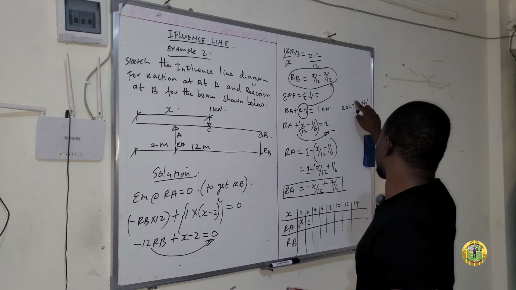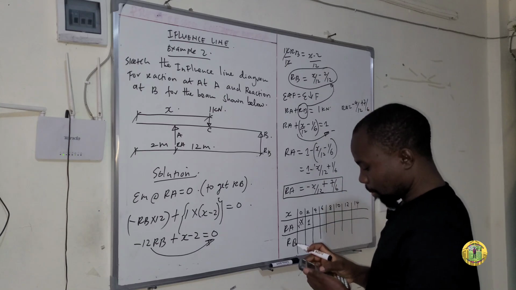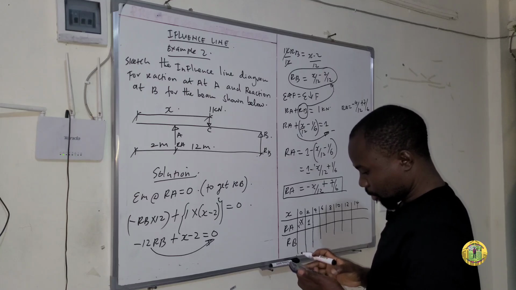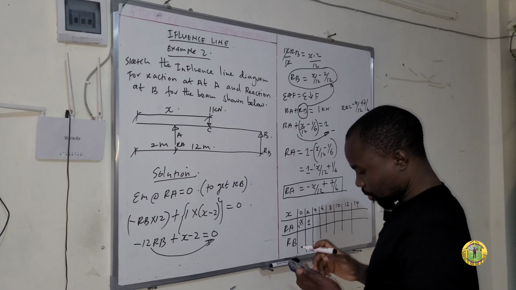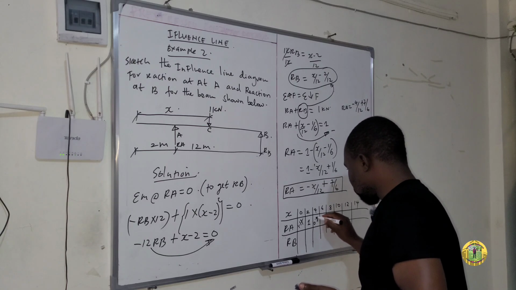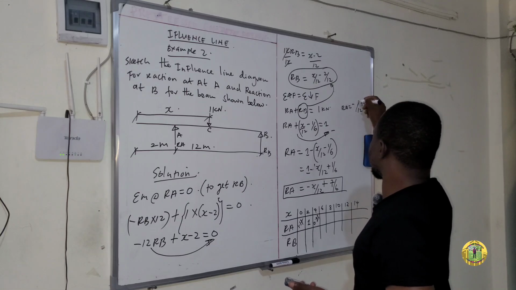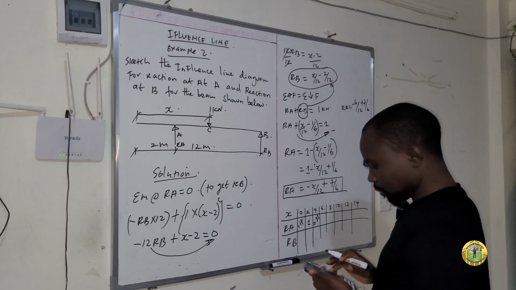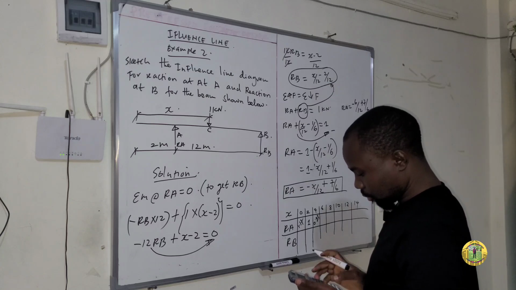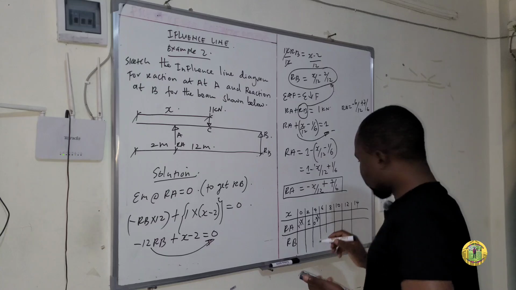Come to 4, put 4 here: 0.83. Come to 6, here 6: 0.67.